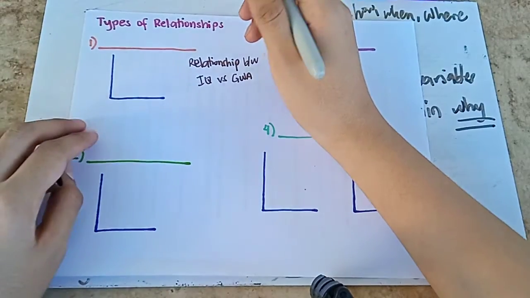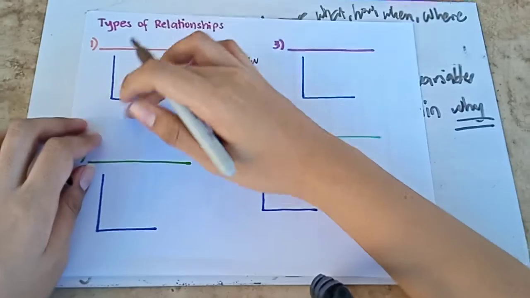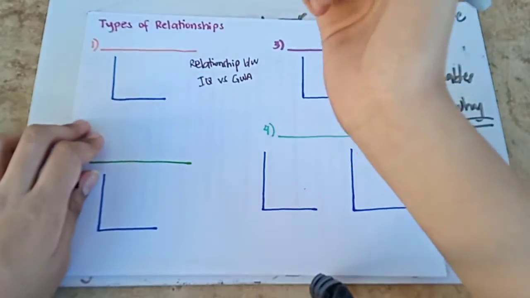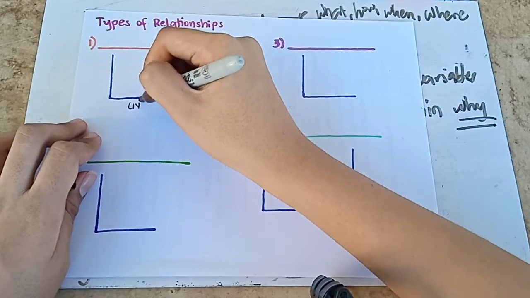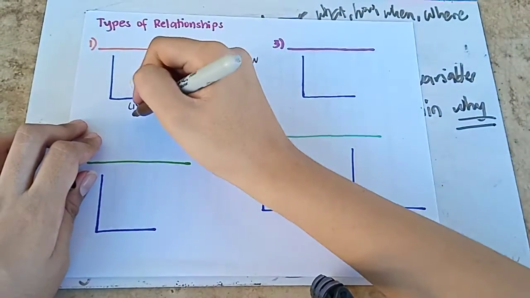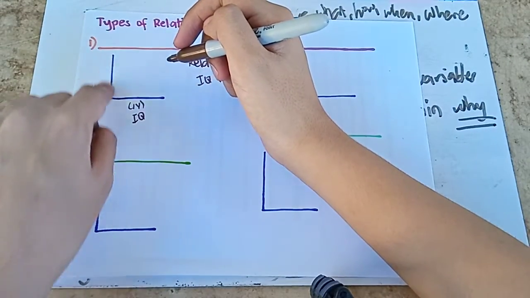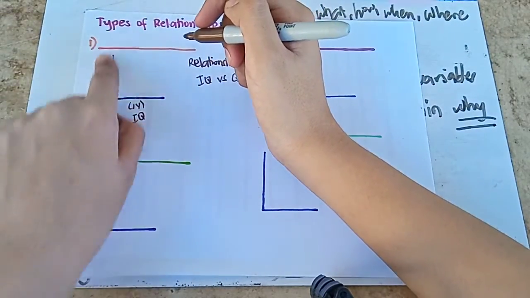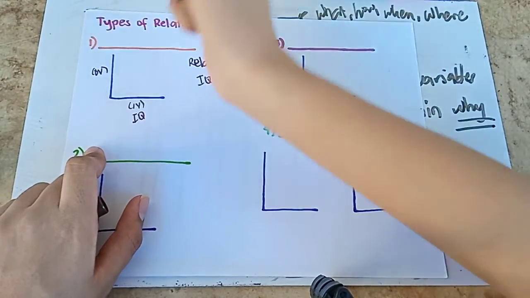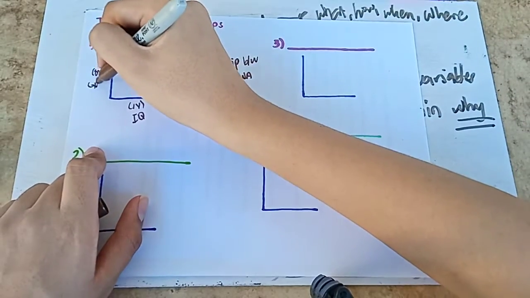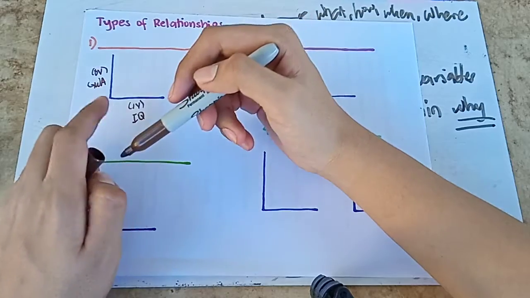In the x-axis of the graphical representation of the relationship, we present the independent variable, which is the IQ. While in the y-axis, we present the dependent variable, the GWA. So the GWA depends on the level of IQ of the person.